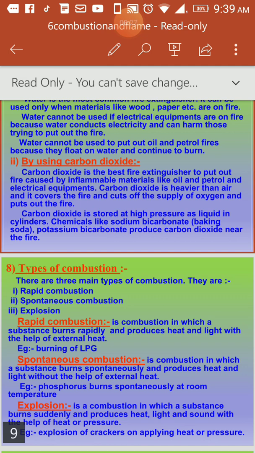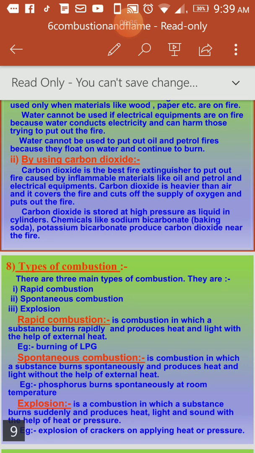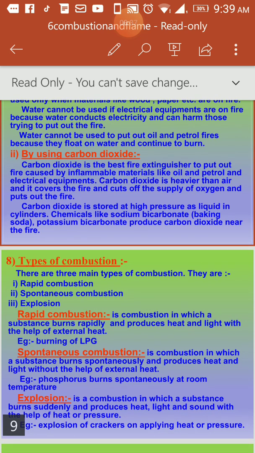In rapid combustion, a substance burns rapidly and produces heat and light with the help of external heat. For example, burning of LPG and CNG are considered rapid combustion because the substance burns rapidly and produces heat and light.